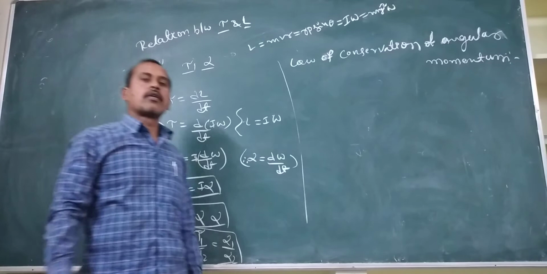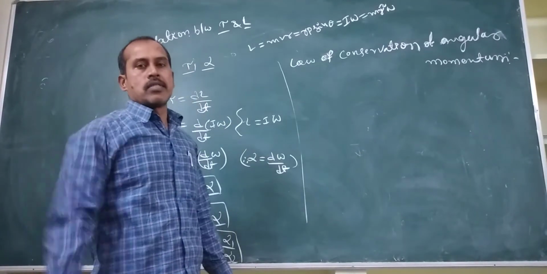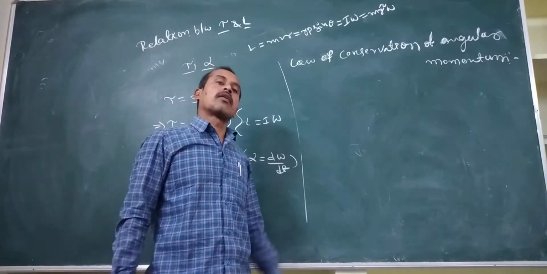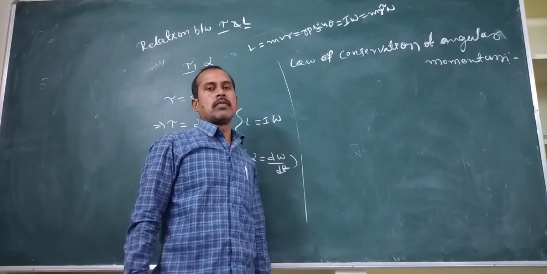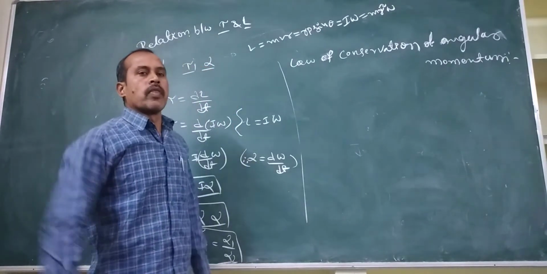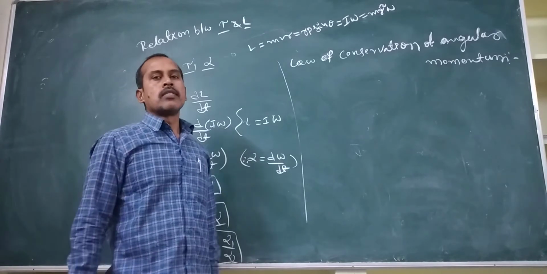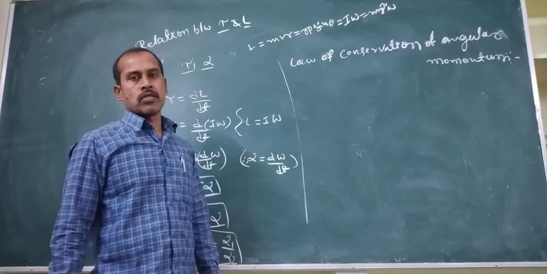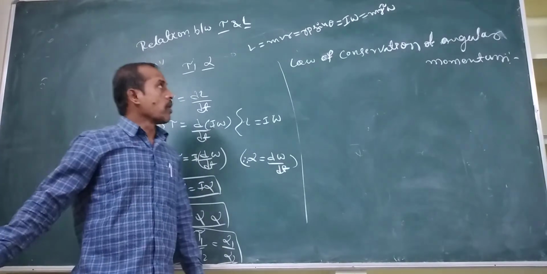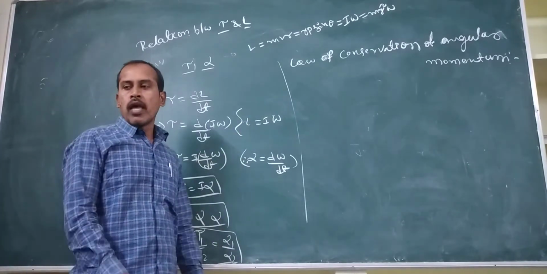If there is no external torque acting on a system, then the total angular momentum of the system remains constant. This is known as the law of conservation of angular momentum.